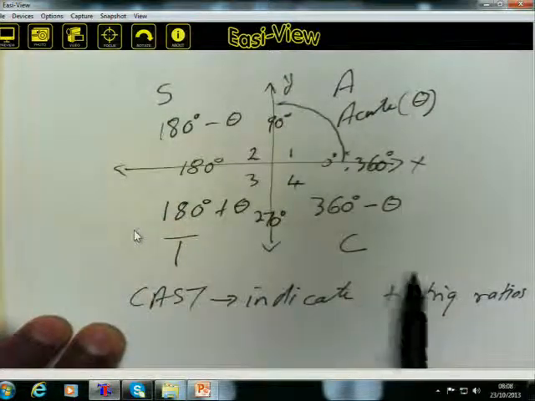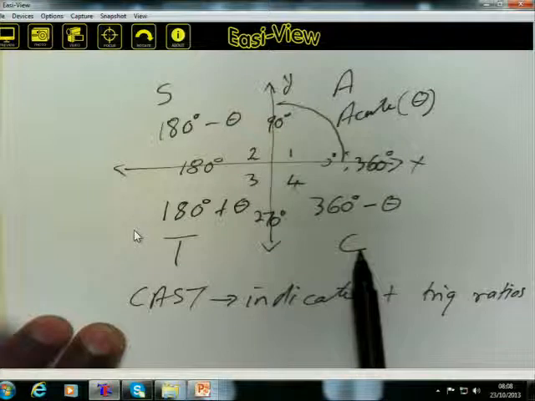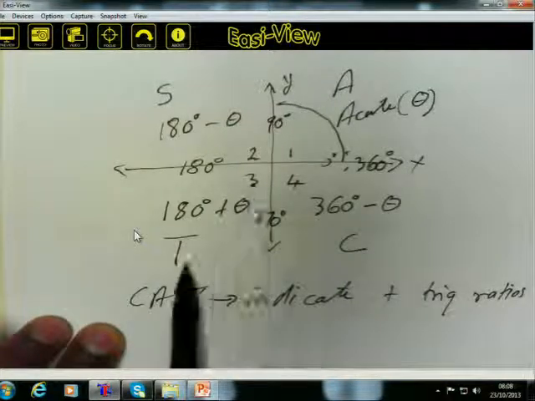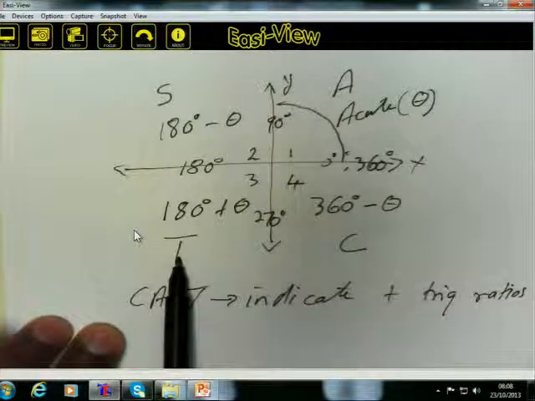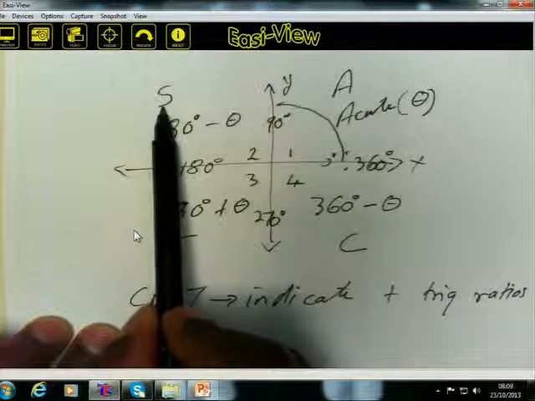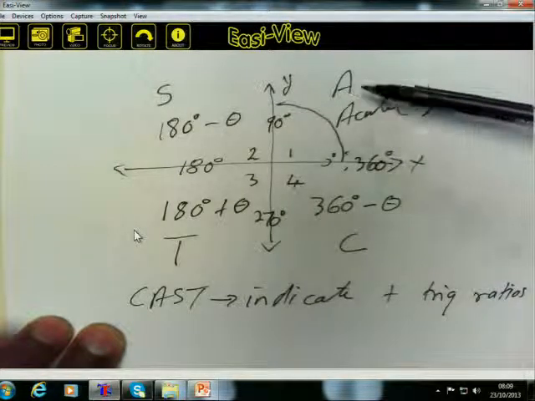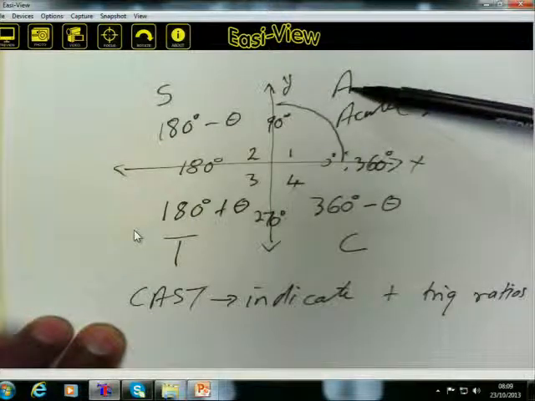So, according to the CAST diagram, in the fourth quadrant, cos is positive. In the third quadrant, we've got T there, tangent is positive. In the second quadrant, sine is positive. In the first quadrant, we've got A, where A represents all, meaning sine, cos, tan. In the first quadrant, they are all positive.